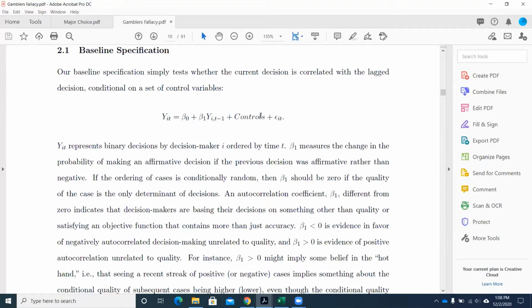Because that's saying, even if you're looking at 2 otherwise identical cases, but for one of them you previously made a decision to approve the loan and for the other you hadn't, there's some effect coming from that previous decision, okay?